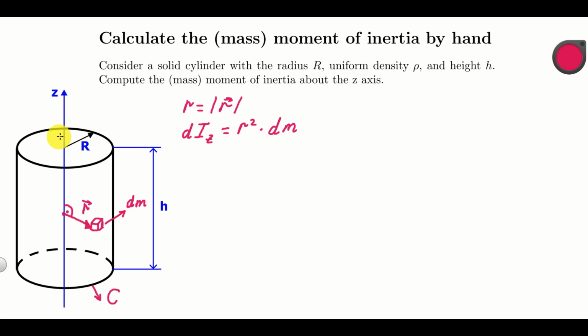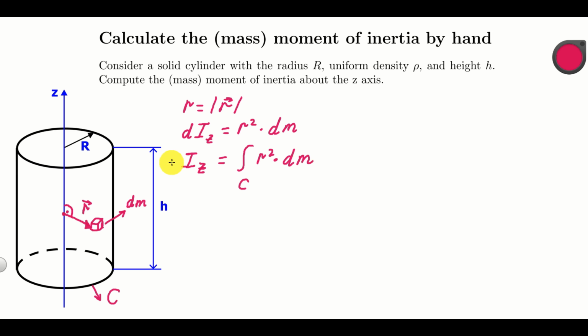Now we are ready to define the mass moment of inertia of our cylinder. It's defined like this. Iz, this is the notation for the mass moment of inertia about the axis z, is equal to an integral over the volume of this cylinder c, and inside we have r squared multiplying dm.